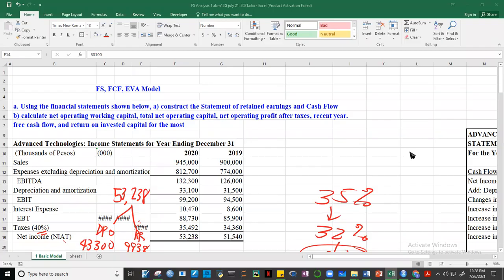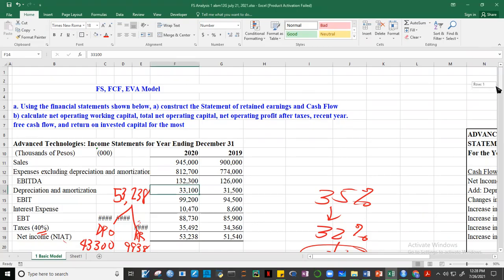Clear so far, guys? Clear ba so far yung pag-craft ng statement of cash flows? Thank you. Good. Okay, salamat ha. I always appreciate your feedback. Okay, good. All right.